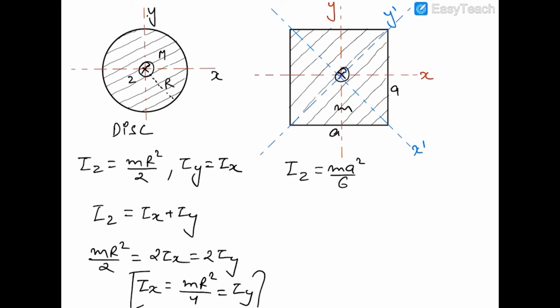Okay, so this Ix and Iy would be equal to each other, because again the square is symmetric to both of these two axes. I mean to say that if I interchange the x and y axes with each other, then there would be no change in the appearance of the square. So I can also say that x is perpendicular to y.